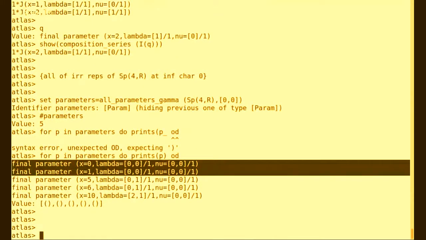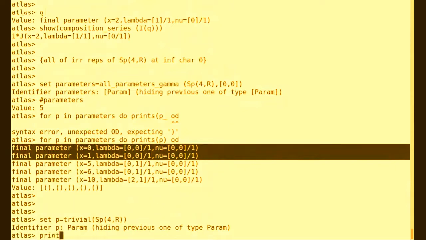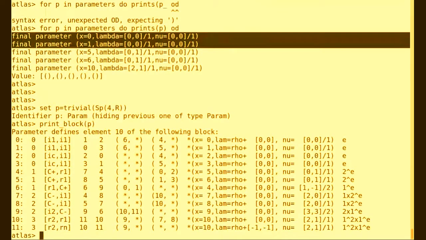Okay, so let me just conclude with one last illustration of this kind of thing. Let's set P is the trivial representation of SP4R. And one of the most useful things to do is to print the block of a representation. So this is the block of the trivial representation.